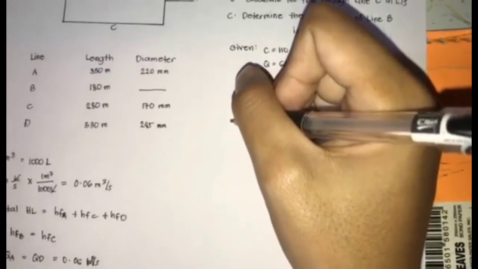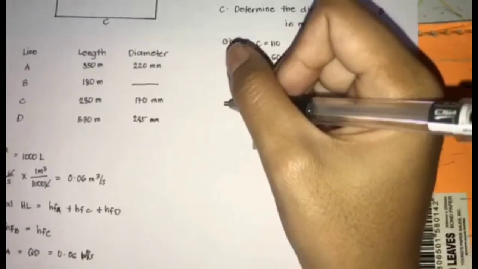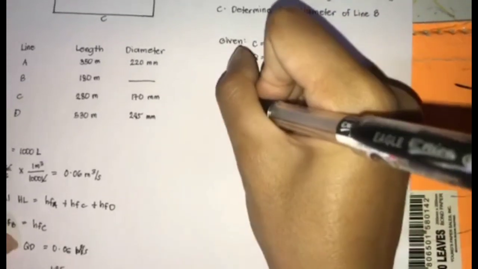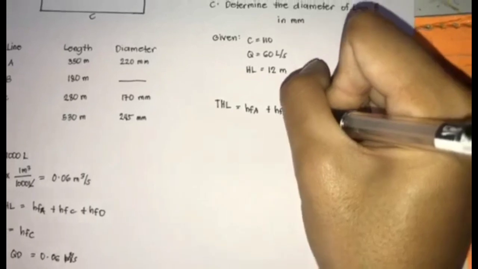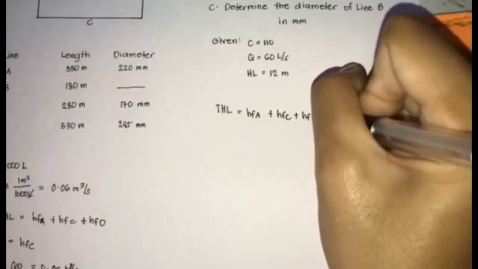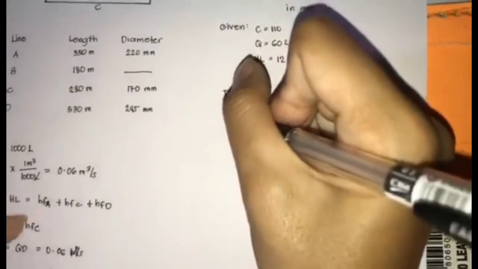Now we have the value for HFA and HFD, so we can get the value of head loss at C using the equation total head loss is equal to HFA plus HFC plus HFD.